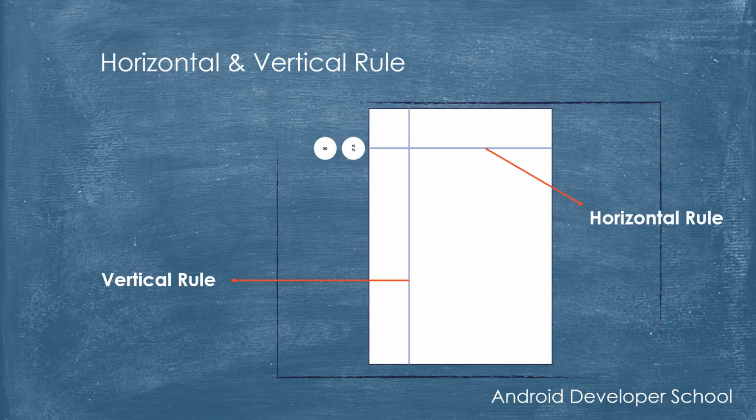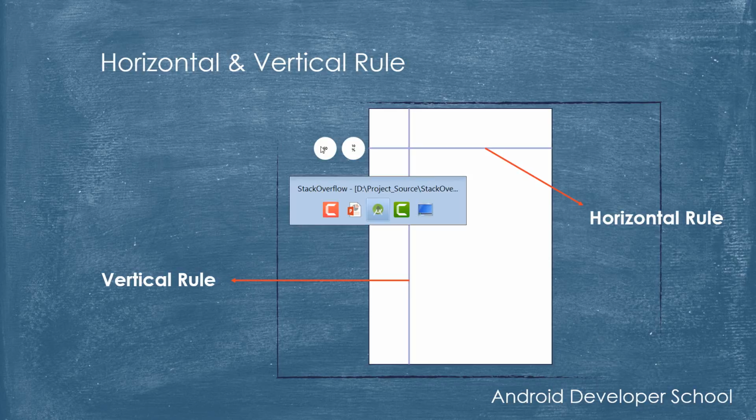So at runtime you would have to calculate the dp of that particular device, divide and so on. Using the horizontal and the vertical rule, you can divide the particular view on a percentage basis, and then achieve your desired goal, and it will look more similar, 100% similar, on all kinds of devices.